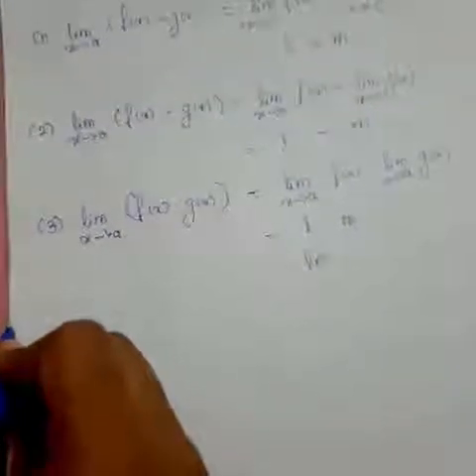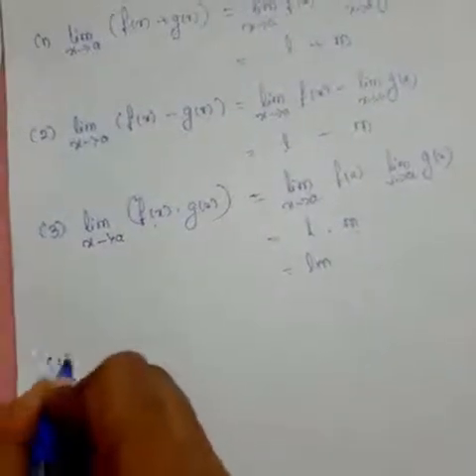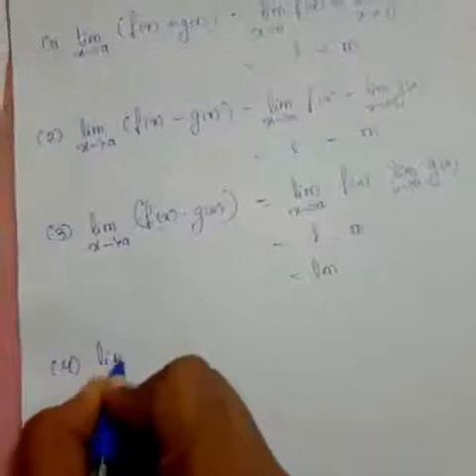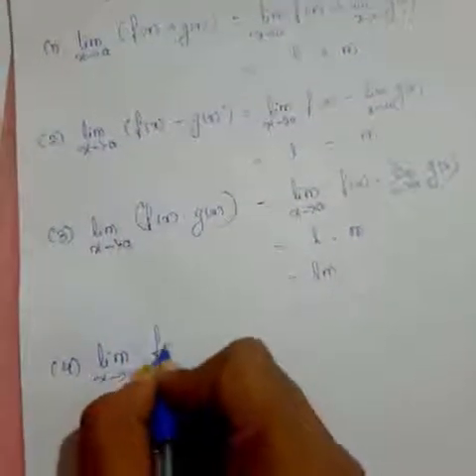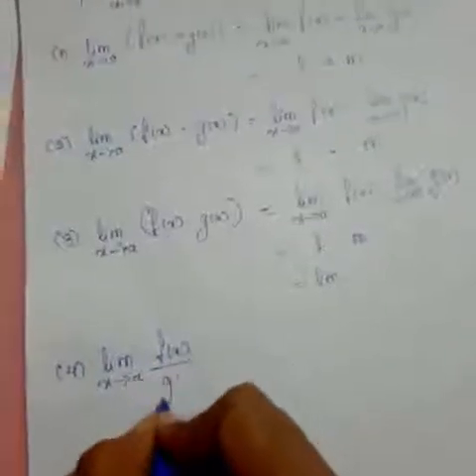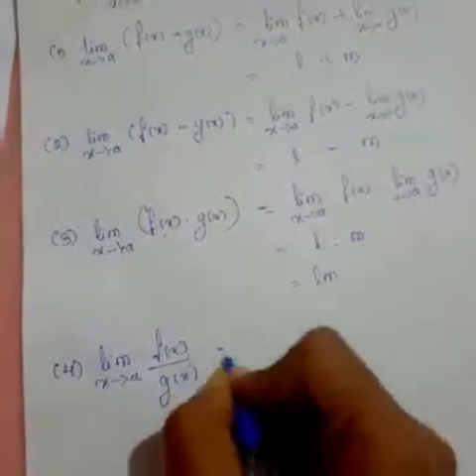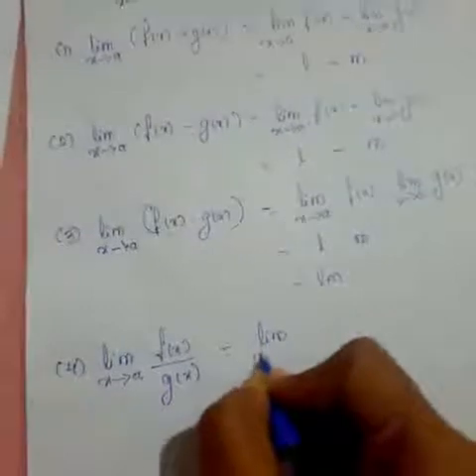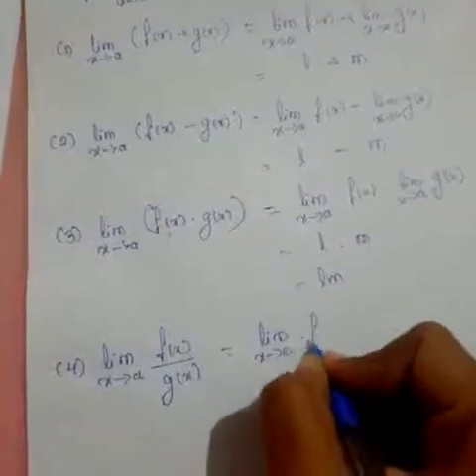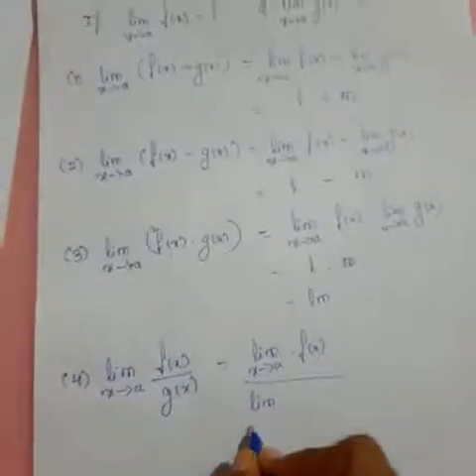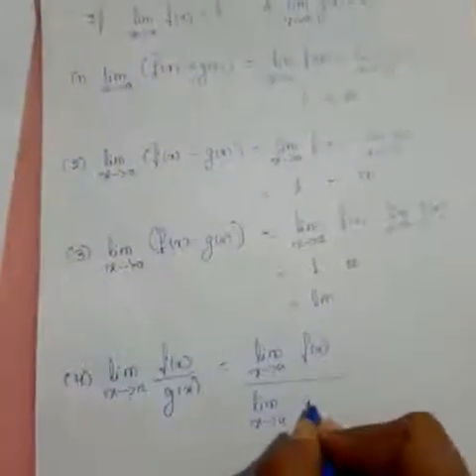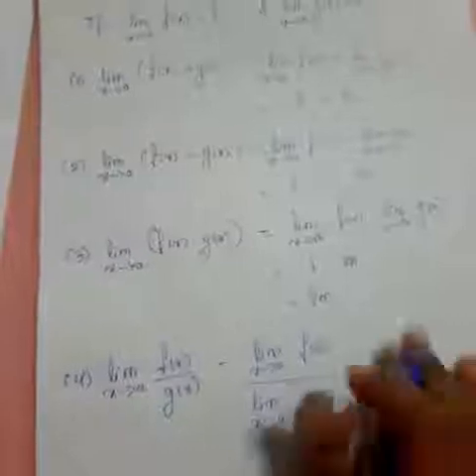And next, the fourth one. The limit as x tends to a of f of x divided by g of x is equal to the limit as x tends to a of f of x, whole divided by the limit as x tends to a of g of x.